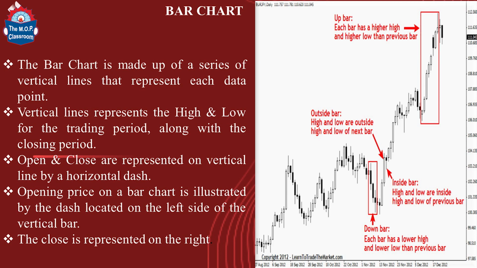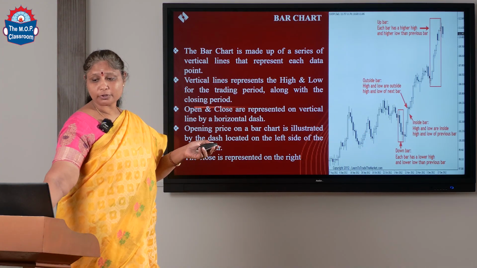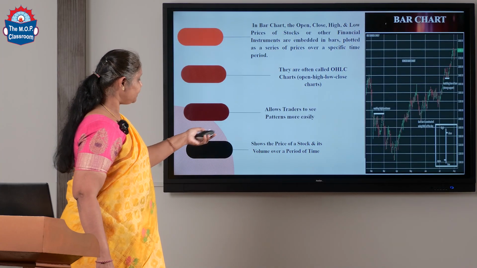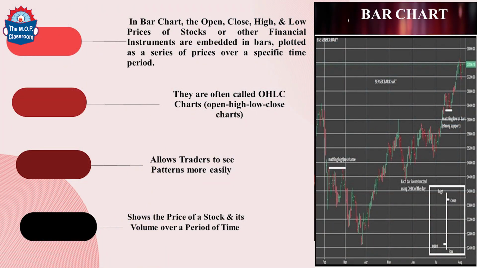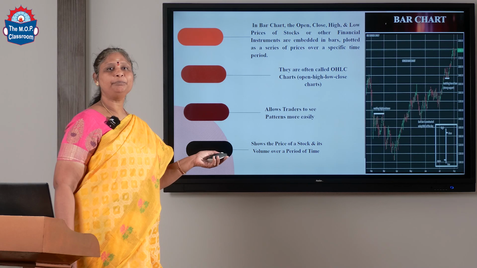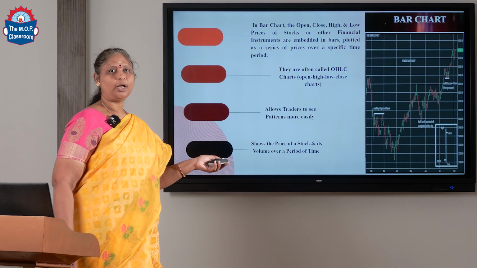In the case of a bar chart, the top and the bottom denote the highest and lowest price of the security, whereas the projections towards the side of the bar indicate the open and the close price. The length of the bar determines the volatility of the price. The higher the length, the higher the volatility.